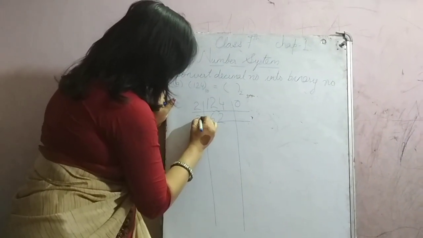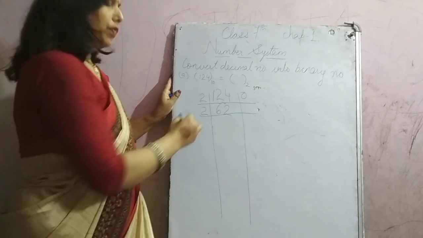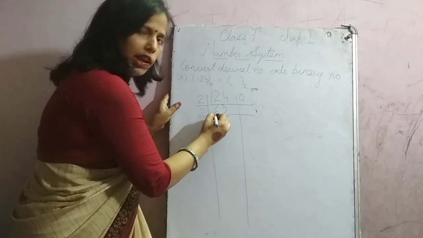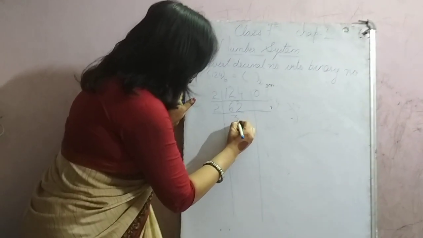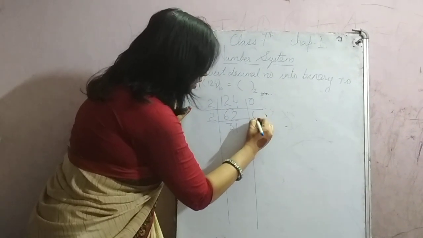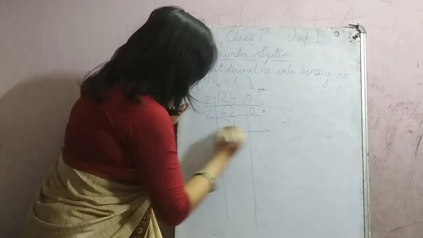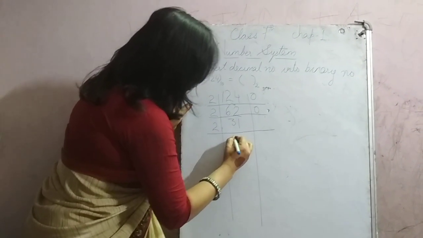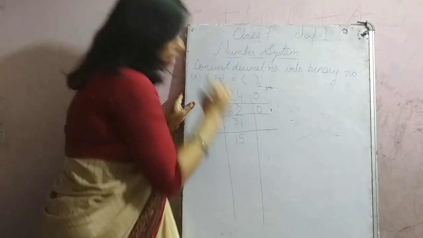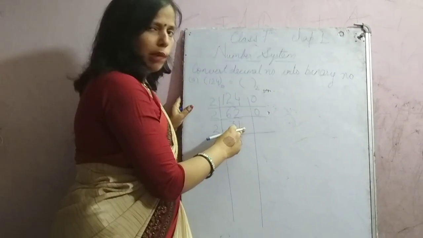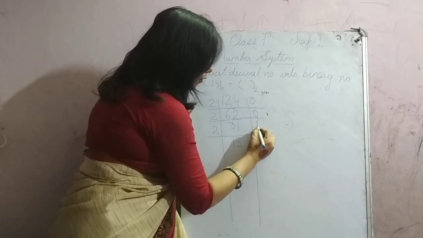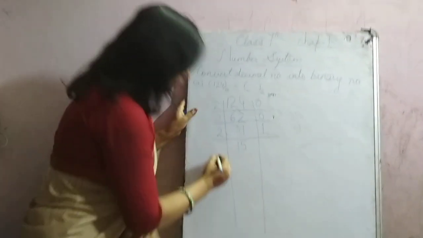Again, we will divide it by 2. While dividing it by 2, it will be 31. No remainder, then we will put 0. Again divided by 2, 15. Now, 15, that means one remainder is left. Now, we have to write here 1 as a remainder.